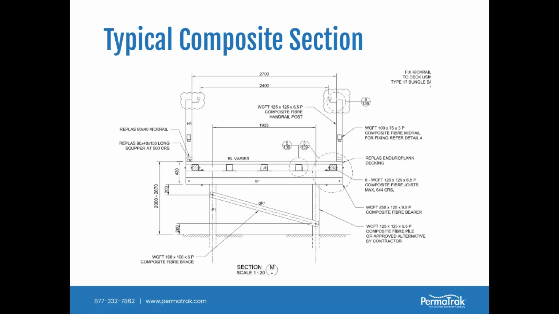You may be familiar with Wagner's material, or you may be familiar with the Trex product. Those are just two composite materials that I've seen out there in the world doing boardwalks. A lot of times the decking of a composite boardwalk is used with a timber substructure, so you're combining the two materials. Those are the three most common that I've seen.